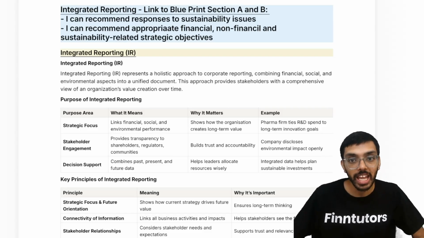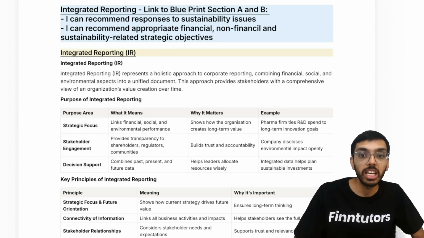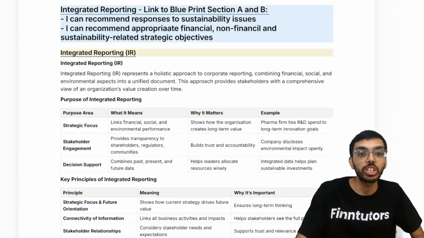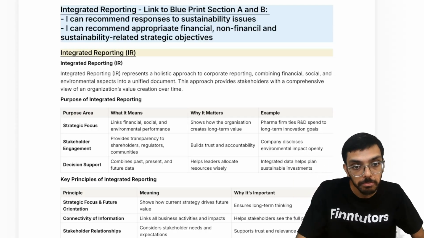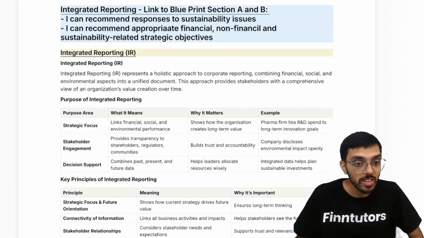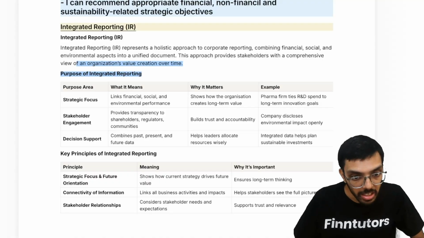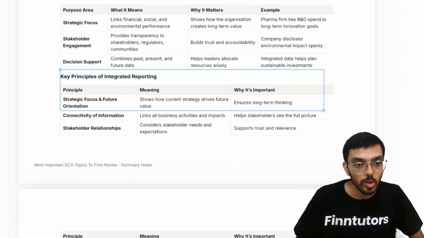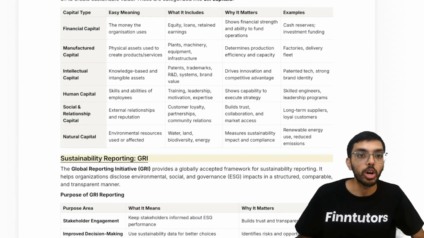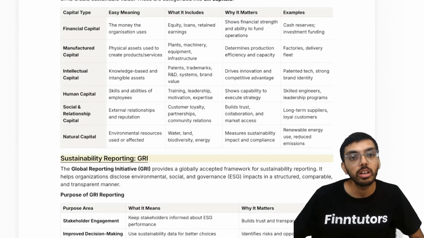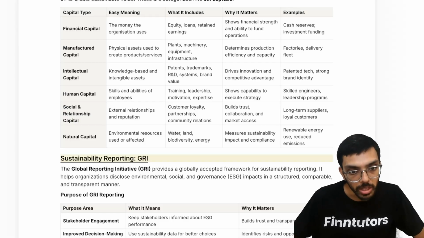Next topic, we have integrated reporting. Again, core area A and B, sustainability issues, financial, non-financial related reporting. These are the two I can statements this relates to. So what is integrated reporting? The purpose of integrated reporting, the principles of integrated reporting, and the most important is the capital framework under integrated reporting.